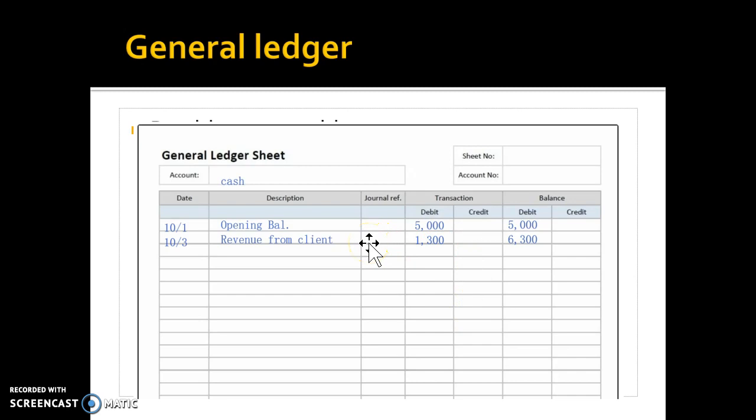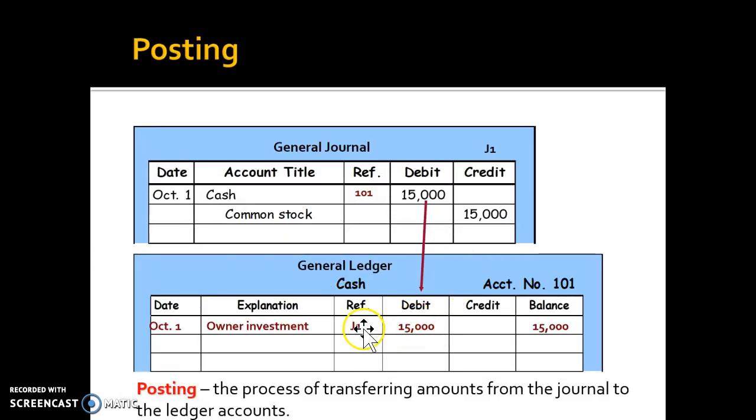This is also called a cross-reference technique. This is the account name, and you could see all the accounts with reference 111 will be sorted to this page. Then all the references to the transactions point to the pages that contain the transactions. So this technique is called posting.